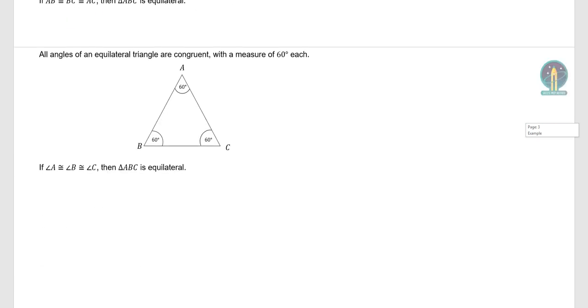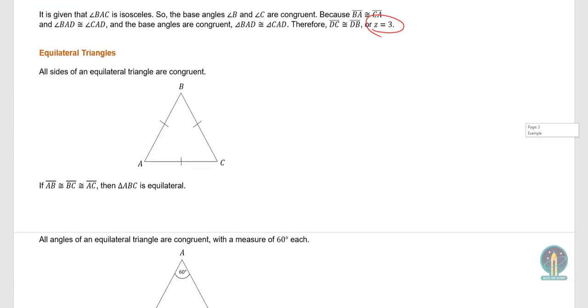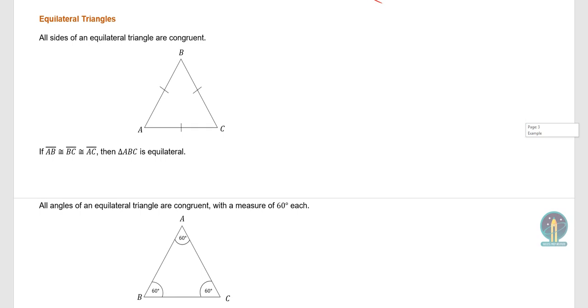Next we talk about equilateral triangles. An equilateral triangle is a triangle that has all sides congruent. So side AB here is congruent to side BC, which is also congruent to side AC. Then the triangle is equilateral.